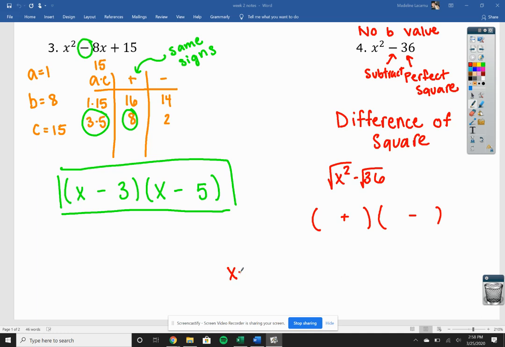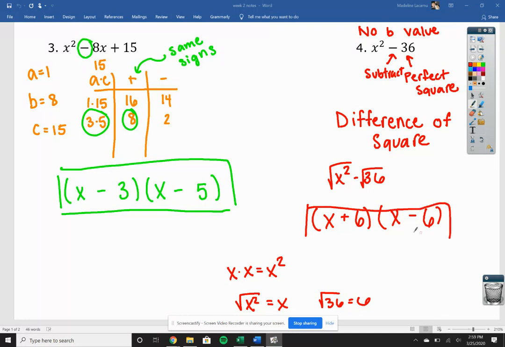So of course, x times x equals x squared, which means the square root of x squared is x. So x and x. Now we need the same number to multiply to give us 36, and the square root of 36 is 6. So that means we have a 6 here and a 6 here. So x plus 6, x minus 6 will be our answer.